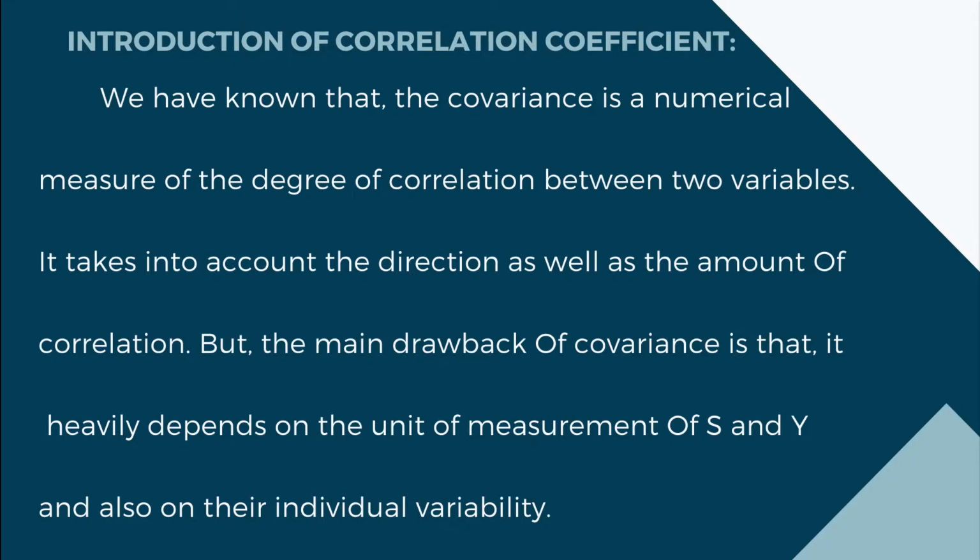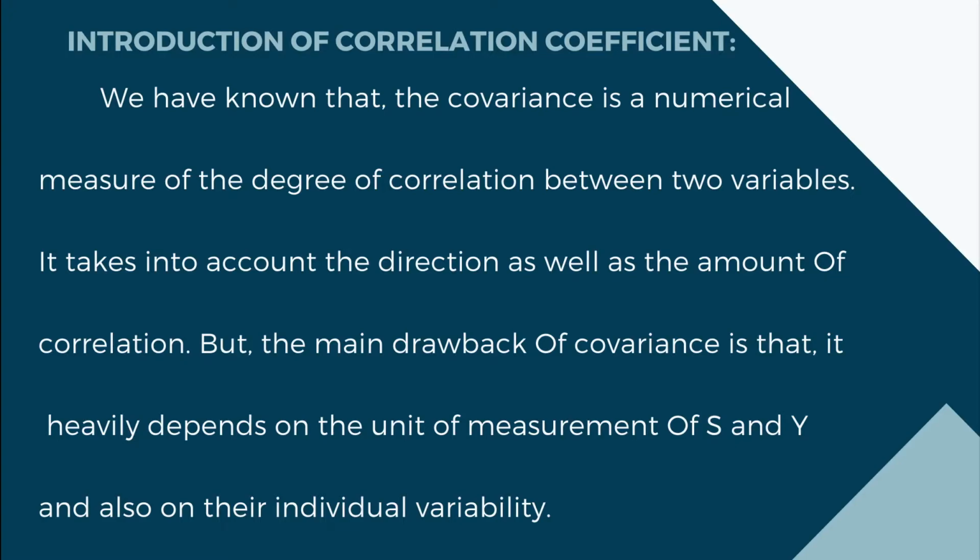We have known that the covariance is a numerical measure of degrees of correlation between the two variables. It takes into account the direction as well as the amount of correlation. But the main drawback of covariance is that it heavily depends on the units of measurement of the variables x and y, and also on their individual variability.